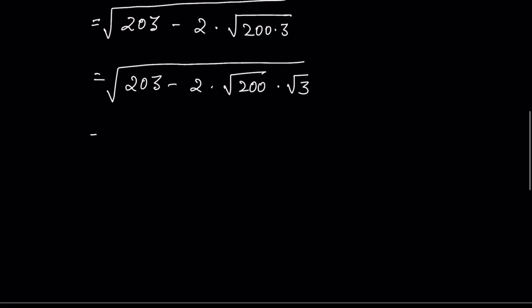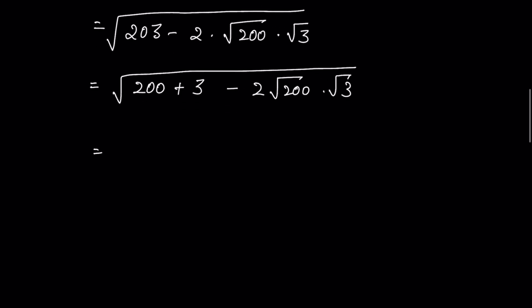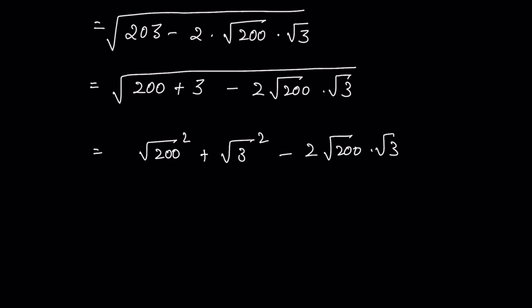Now 203 we can write as 200 plus 3, minus 2 times square root of 200 times square root of 3, all under square root. Now 200 we can write as square root of 200 square plus square root of 3 square, minus 2 times square root of 200 times square root of 3.